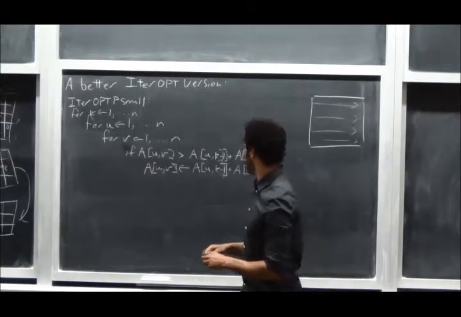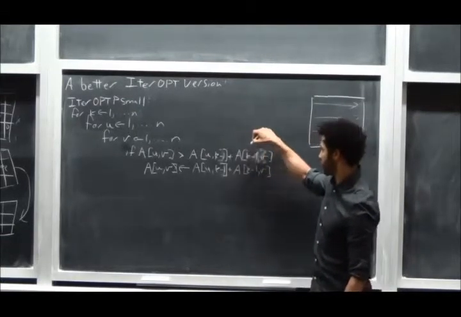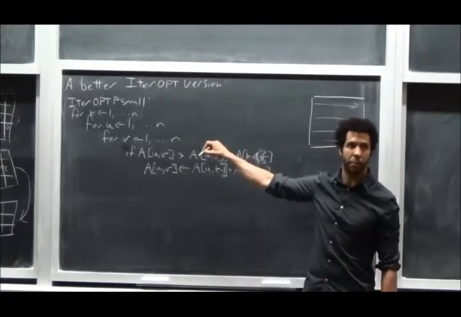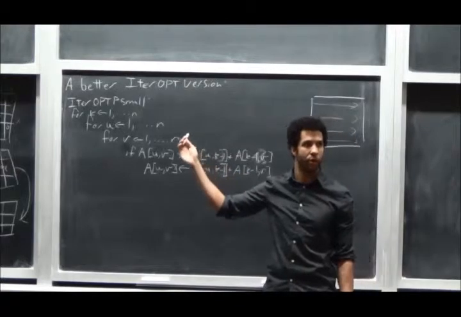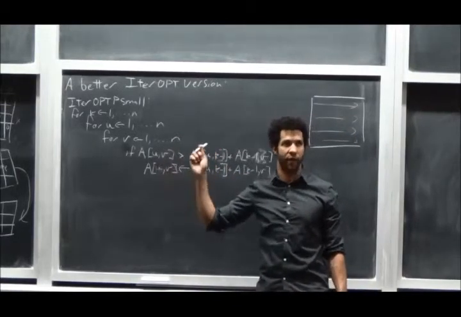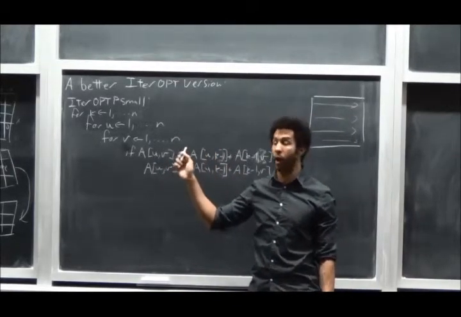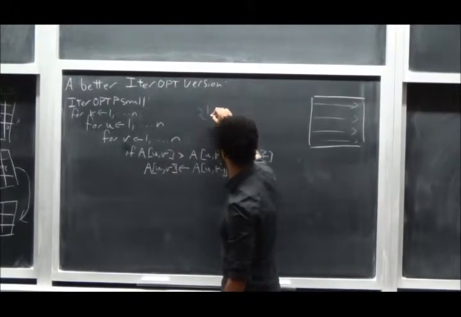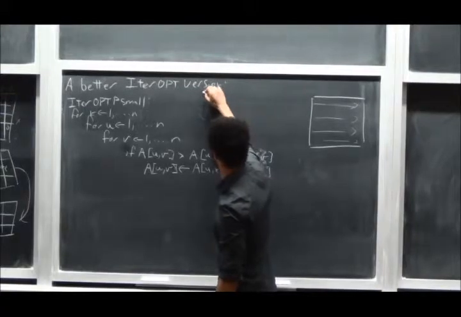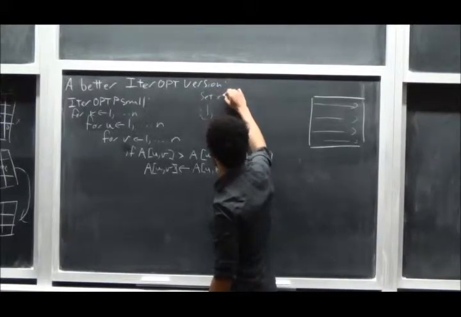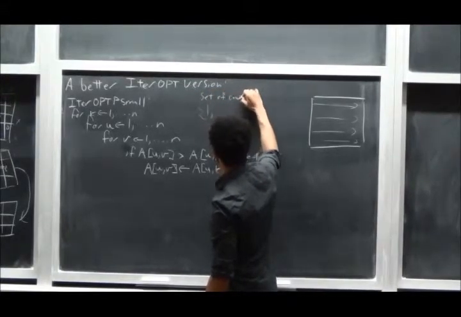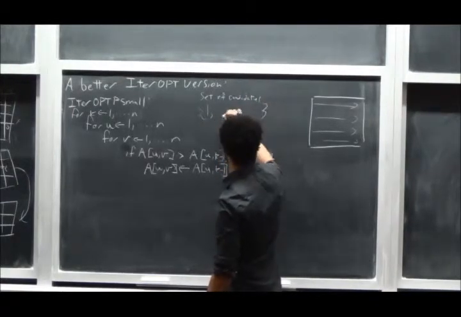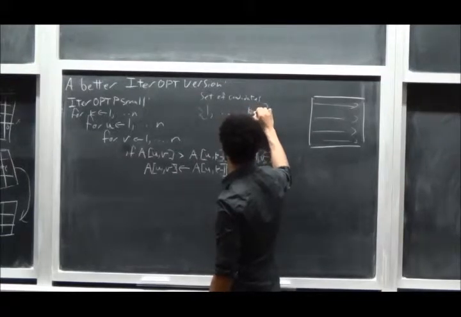So the general thing we're doing, every time we complete one of these loops, we're always finding the best K, the best intermediate node. We always have this set of candidates, and it's always 1 to K minus 1.